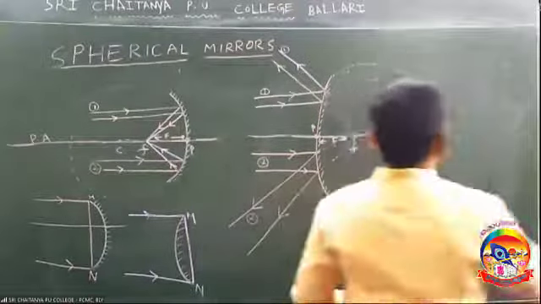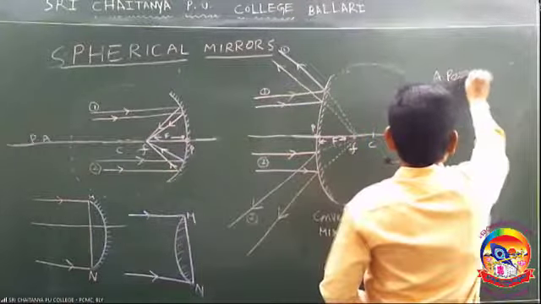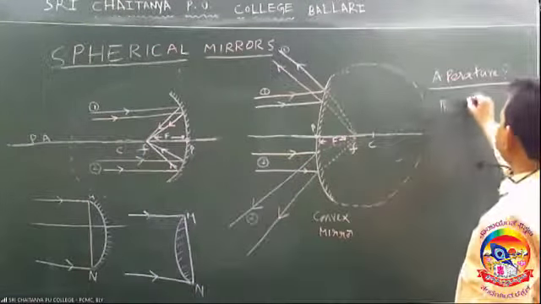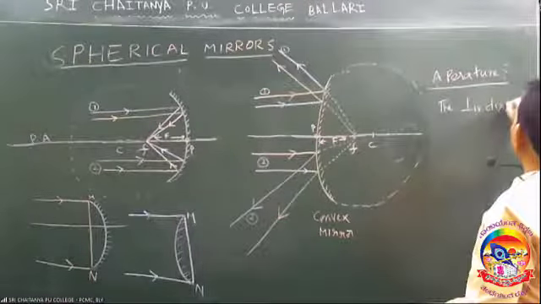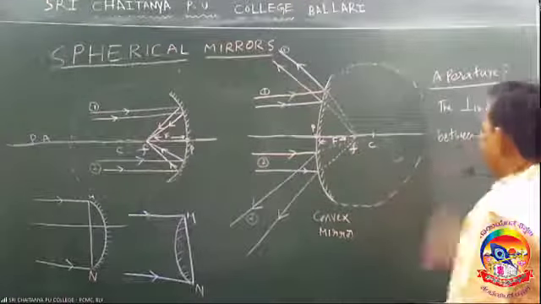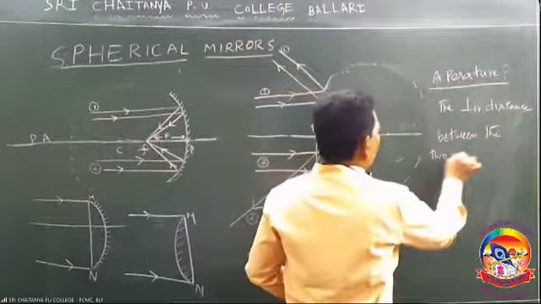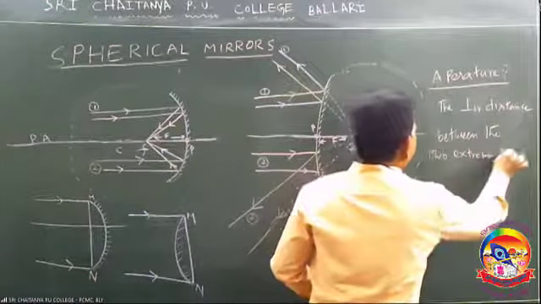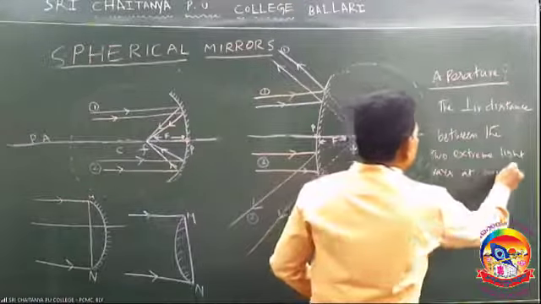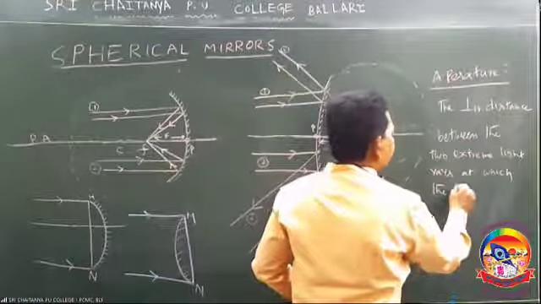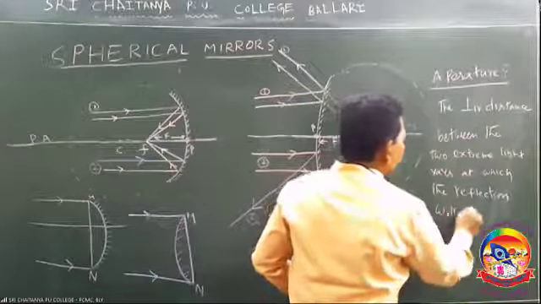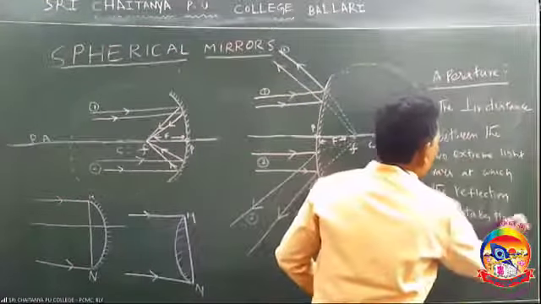Aperture of the mirror is defined as the perpendicular distance between the two extreme light rays at which the reflection will take place on the mirror.